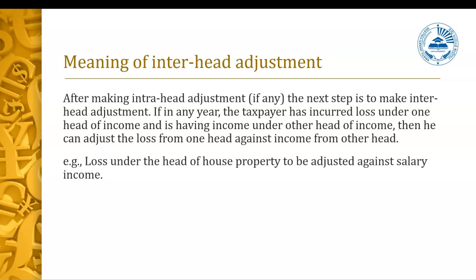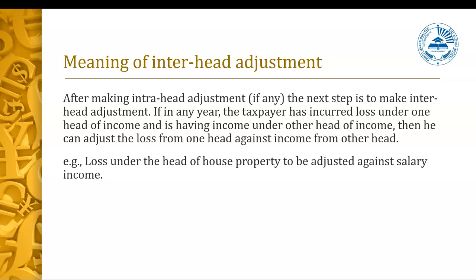The first step is to find out if it is possible to adjust the losses within the same head. First we find out whether house property loss can be adjusted within the same head, that is within house property income. If not, and in the same year the taxpayer has incurred a loss under one head of income and has income under another head, then the income from one head can be used to adjust the loss incurred on the other head.